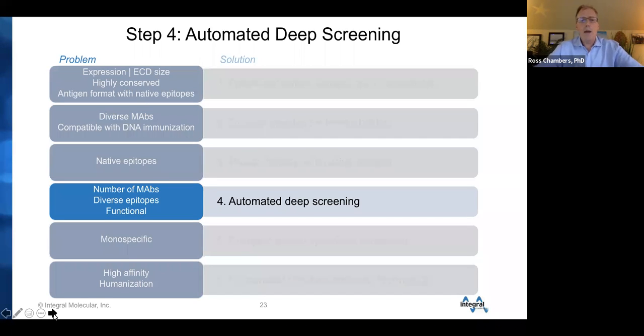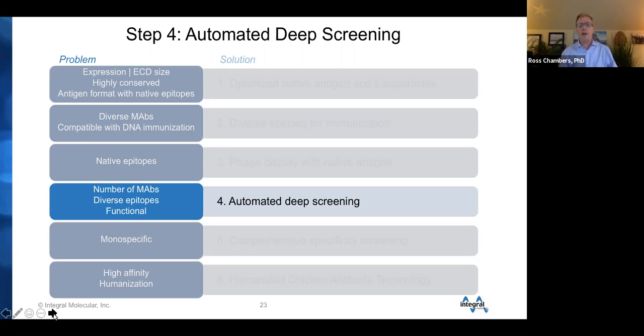All right, so now we get to screening. So for success in a campaign, and especially for finding functional antibodies, the really key thing is just getting a large number of antibodies and making sure that they recognize diverse epitopes. And so that means a lot of screening, and screening is very labor intensive.